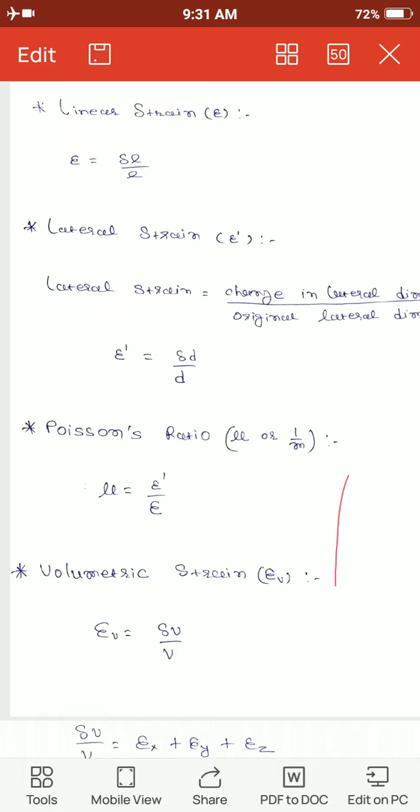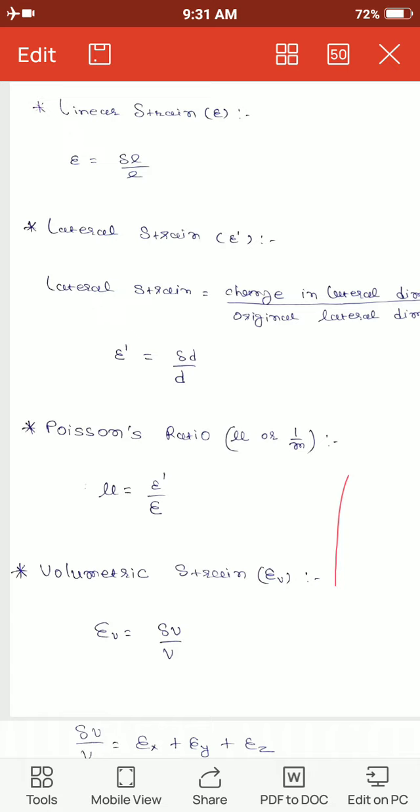But what if we increase the dimension of any object in a linear fashion? Then there will be a change in the lateral direction. If we apply force in x direction, then there will be some change in y direction or z direction.